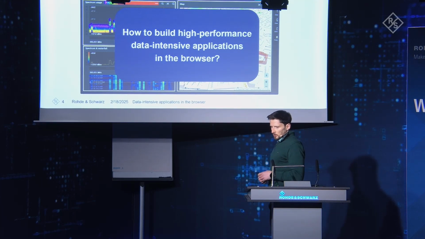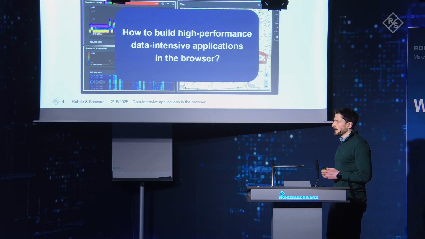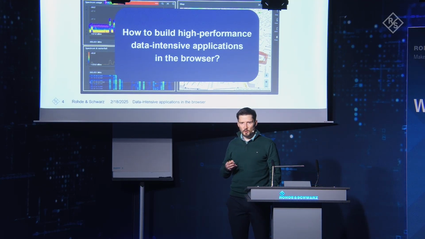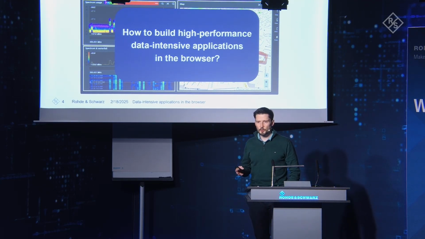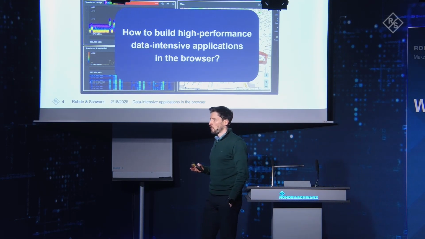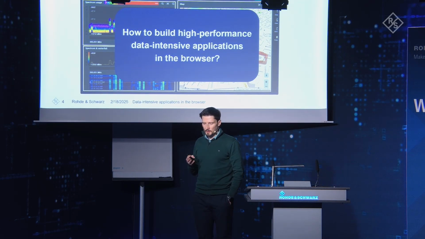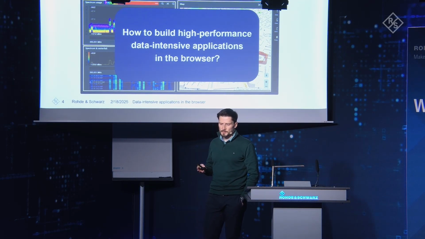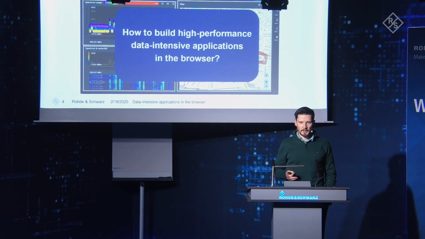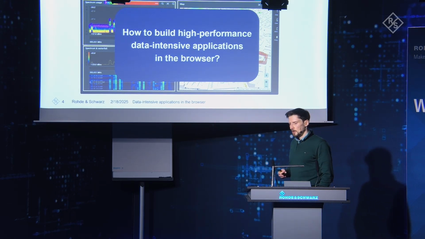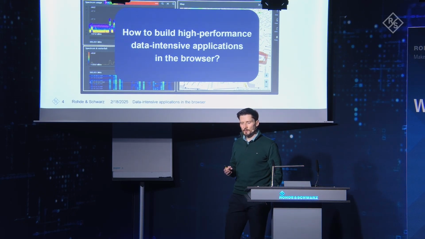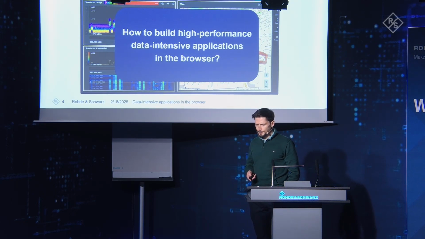Okay. So the question is how we can also build high-performance, data-intensive or compute-intensive applications also in the browser. So how we can reach near-native performance also in web-based applications. And these two technologies, which I want to talk about today, so WebGPU and WebAssembly, can help you to reach that near-native speed.